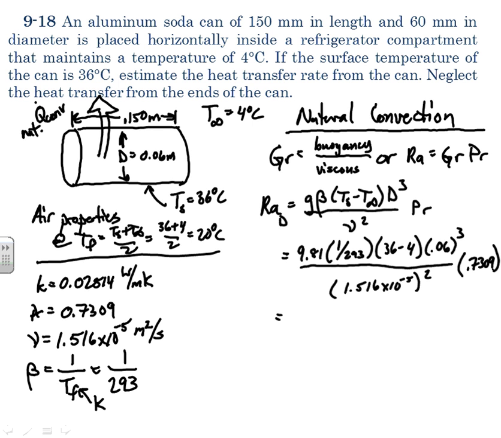Punch that through my calculator, and I get a Rayleigh number of 7.36 times 10 to the 5. All right? So that is less than or equal to 10 to the 12. So now we can use that experimental correlation given in table 9.1.